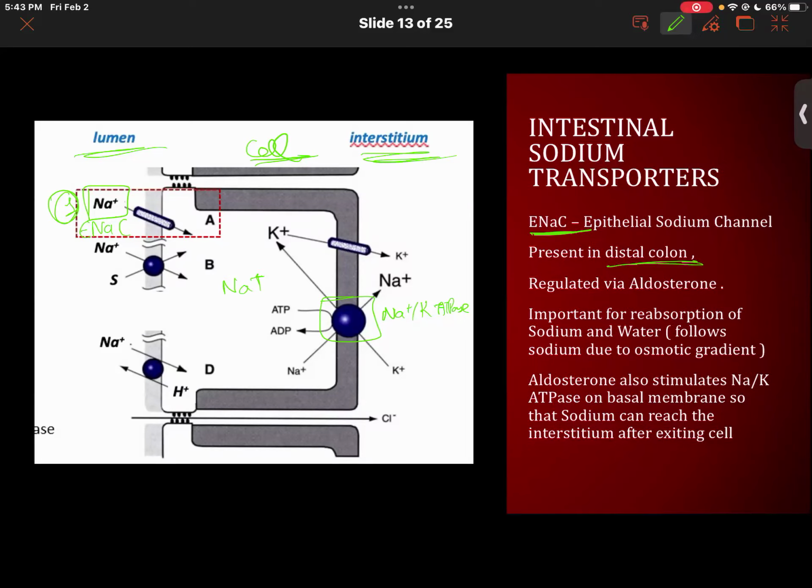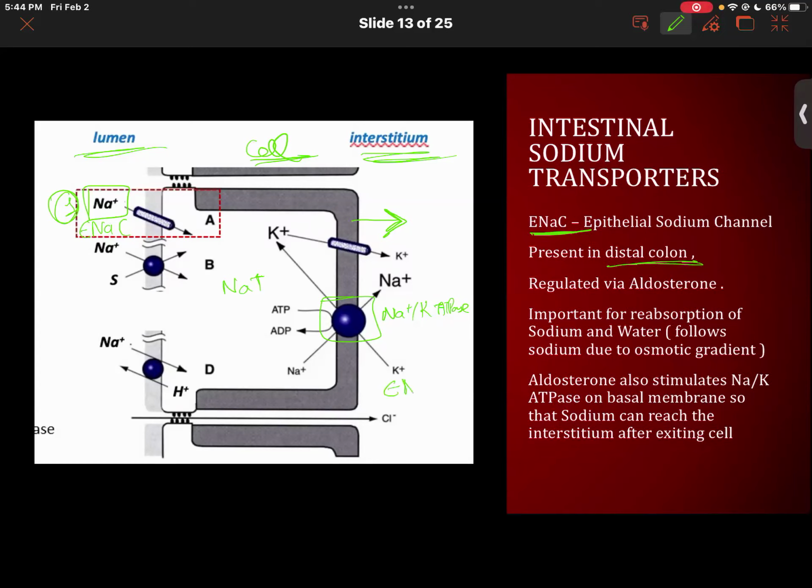So to remove it from the cell and put it into the interstitium towards the blood vessels, we have this transporter on the basal membrane of the cell, a sodium-potassium ATPase, which exchanges sodium for potassium. This is a very common one. Along with sodium, water also comes through, because water follows the osmotic gradient created by the sodium. So water is also going to move into the cell.